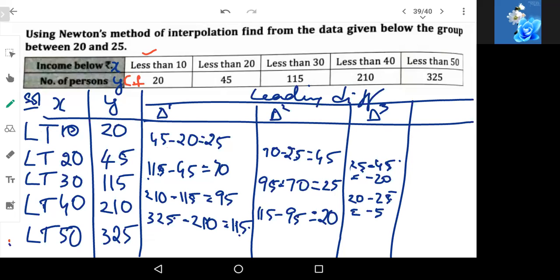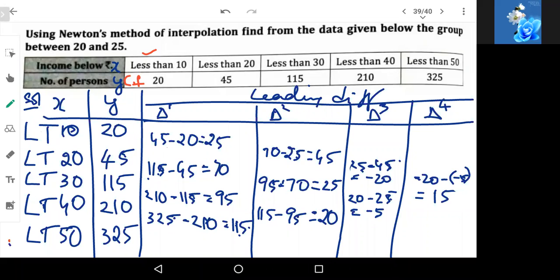And finally, the fourth leading difference: minus 5 minus of minus 20, sorry, minus of minus 20, that will give you 15. So we have got all the leading differences.